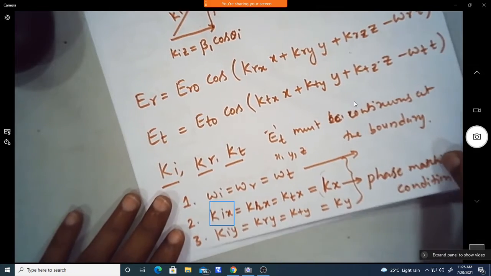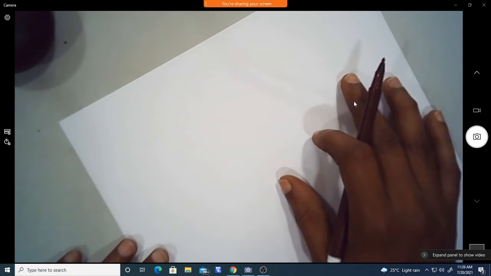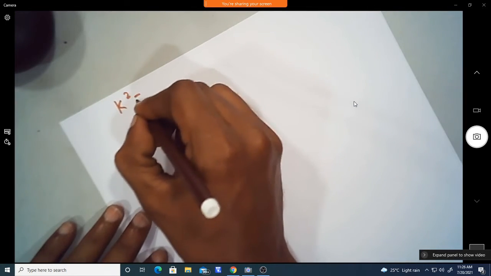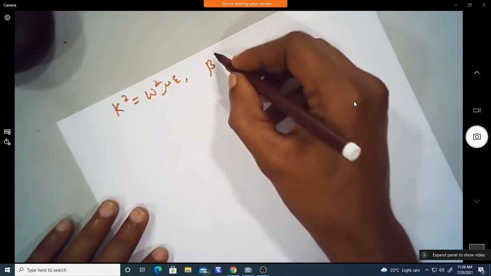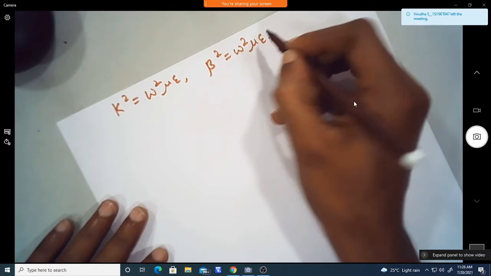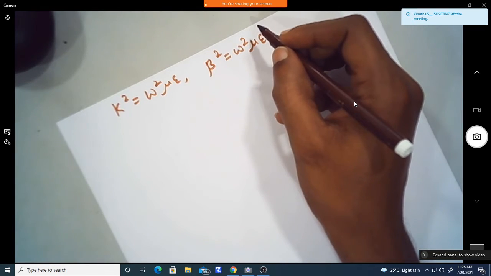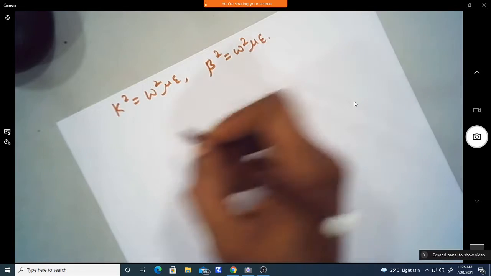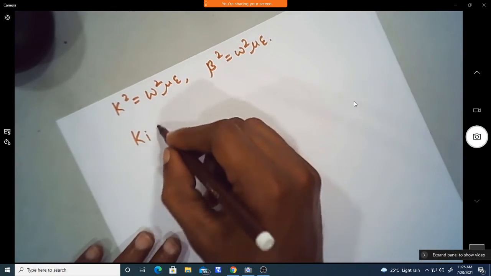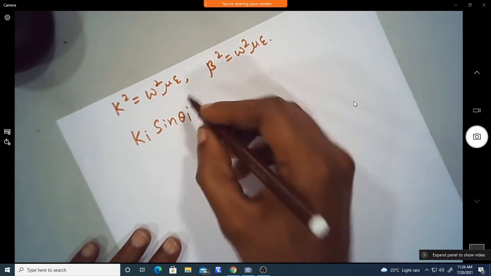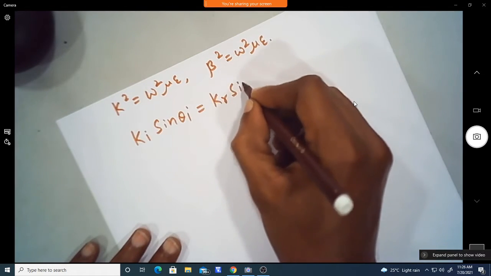Now from this, what can we arrive at? From the earlier equations, the propagation vector k which we defined, k squared is omega squared mu epsilon, or we can write beta squared as omega squared mu epsilon. Since all are lying in the same plane, ki sin theta i should be equal to kr sin theta r.